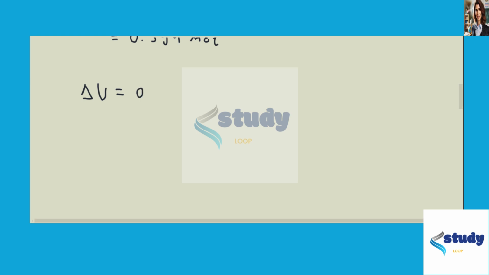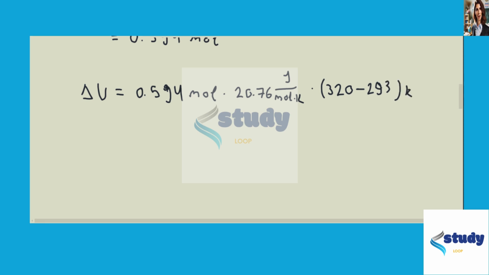So this is going to be 0.594 moles times 20.76 joules per mole kelvin, and then times the change in temperature, which is 320 minus 293, that is 27 kelvins.